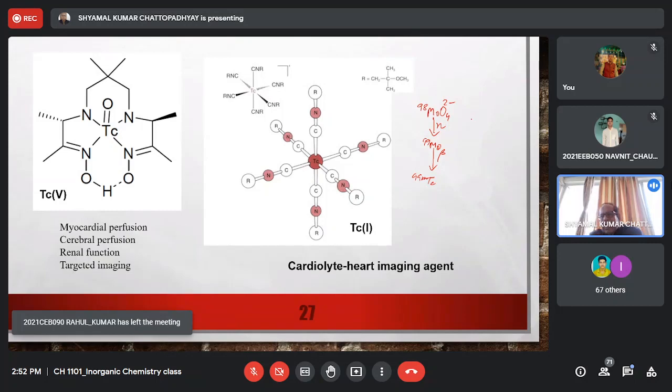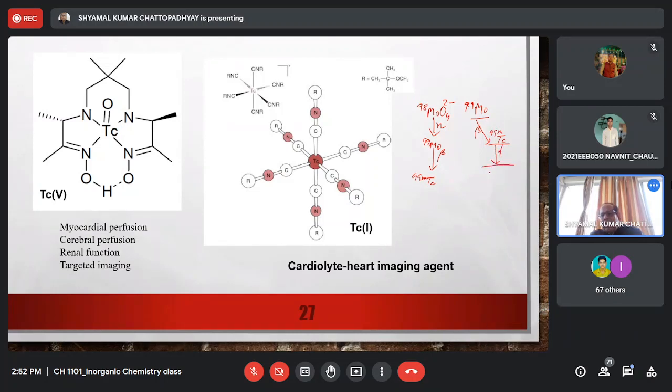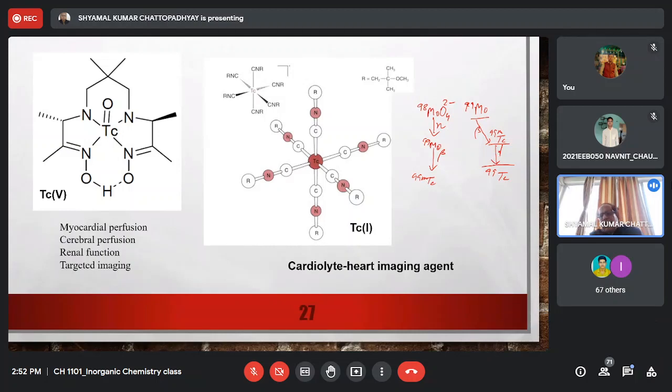Suppose this is the molybdenum-99 isotope. When it emits beta, it forms technetium-99m. This technetium-99m can emit a gamma radiation and form technetium-99. So technetium-99 and technetium-99m are called nuclear isomers.